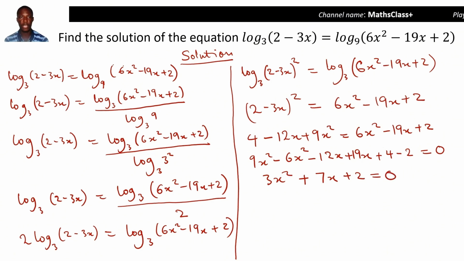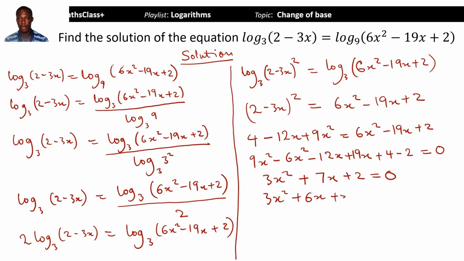So I solve the quadratic equation, and here the coefficient of x squared is 3 and the constant is 2. So I'll multiply them and get 6. So I will need factors of 6 that sum up to 7, and that will be 1 and 6. So here I'll have 3x squared plus 6x plus x plus 2 is equal to 0.